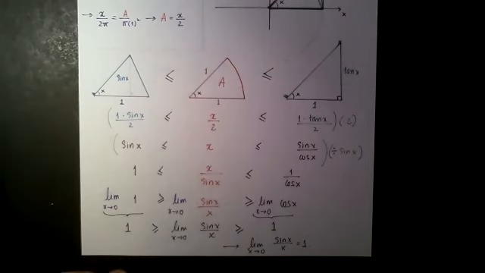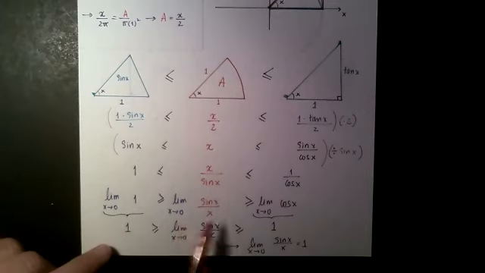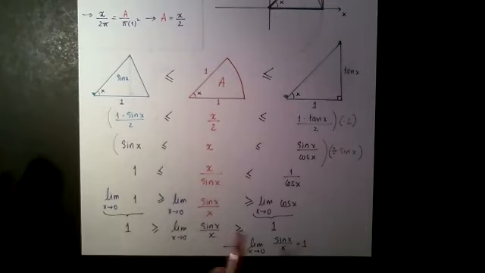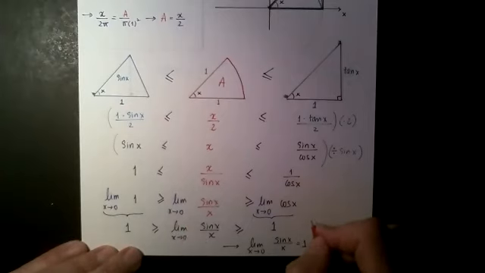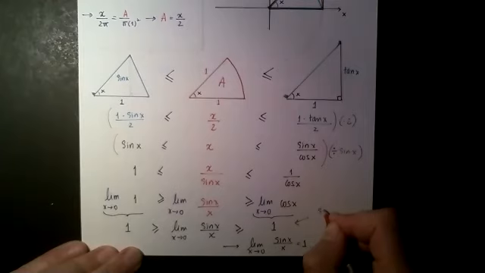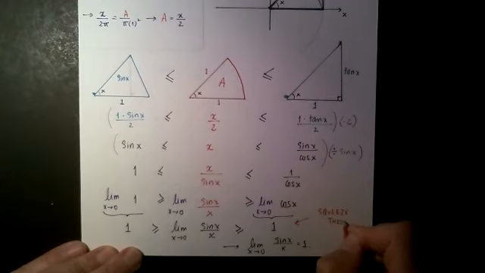This process of strangling a value, or squeezing it, is called the squeeze theorem. The fact that I managed to squeeze it is called the squeeze theorem. You're going to see this a lot.